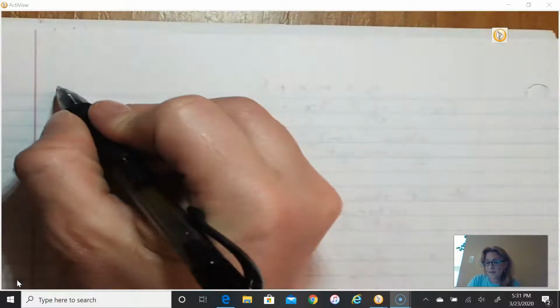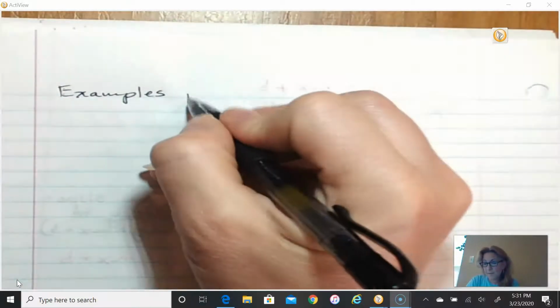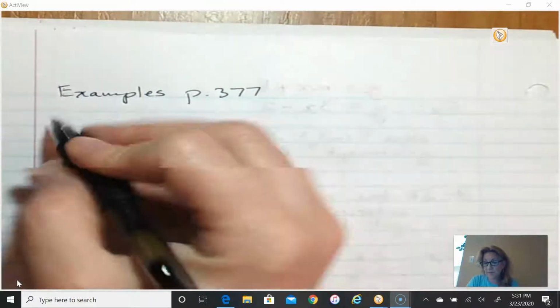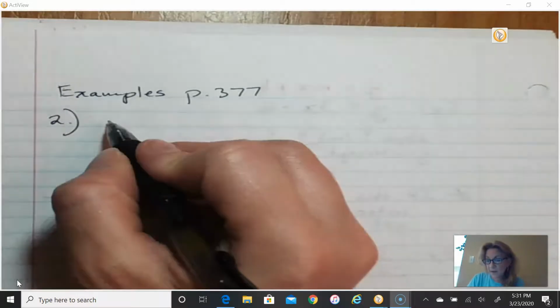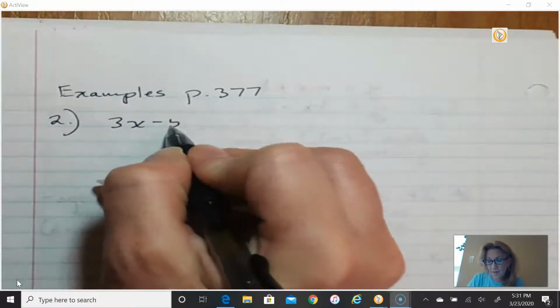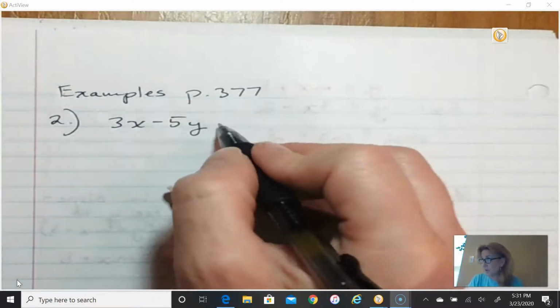All right, so examples, page 377. Start with number 2. Okay, it says find the x and y intercepts of the following lines. You're looking for the x and y intercepts. So they give you 3x minus 5y equals 30.